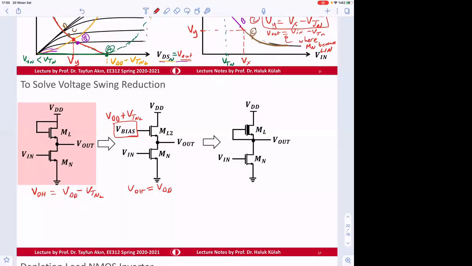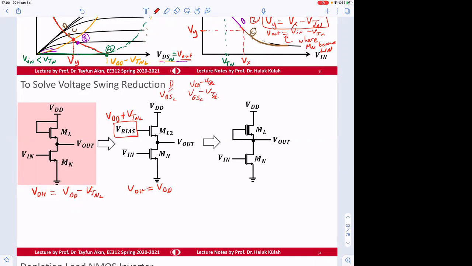The transistor, what about V drain to source of L corresponding to V gate to source of L minus V threshold of L? VDD, drain to source of L is 0 for this case. Gate to source of L is VDD minus V threshold of N of L.